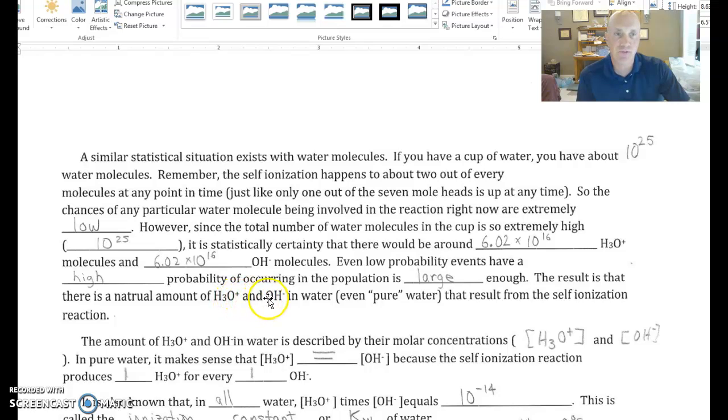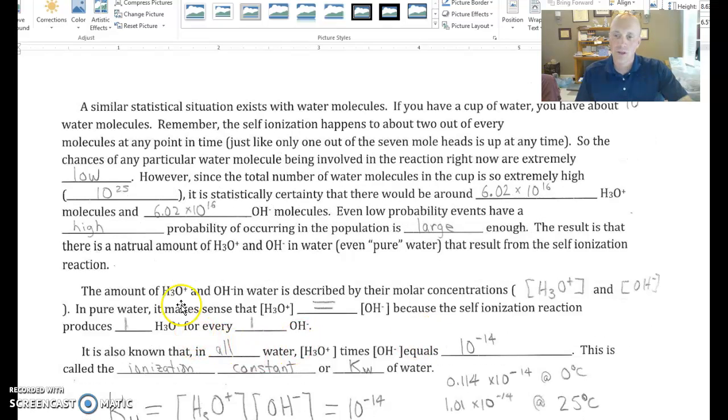You cannot prevent this from happening. Even if you were to be able to magically remove all of this from a liter of water, a second later there would be a lot of these around just because the water would make it all by a natural process.